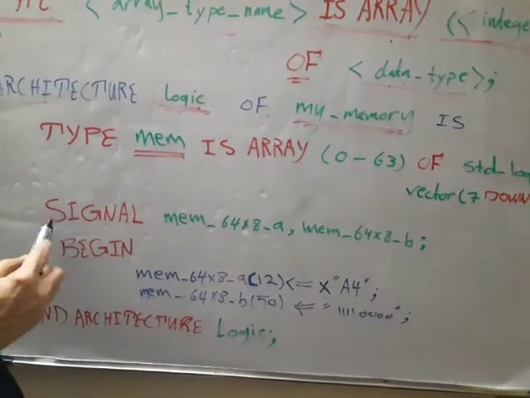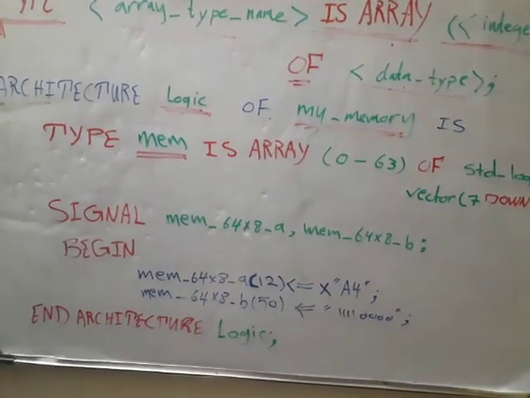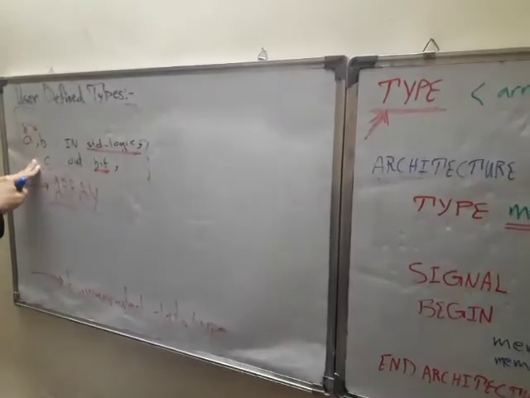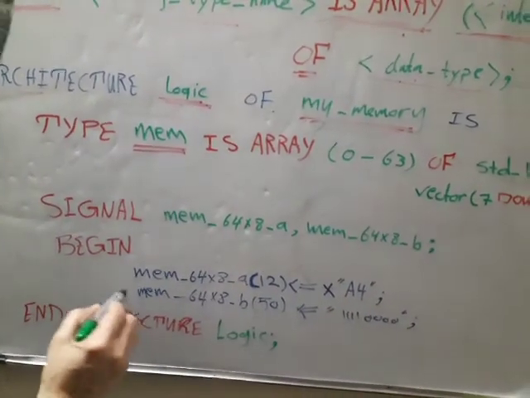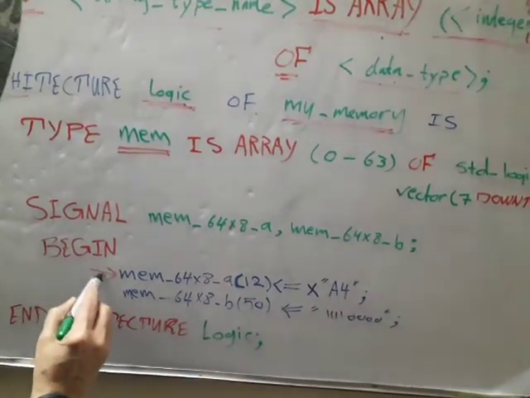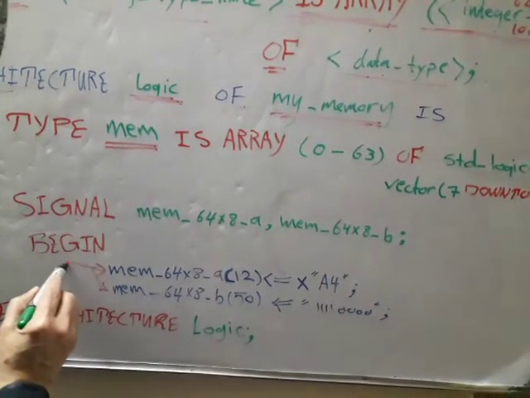So now we want to define signals as before. In our example, we have two signals.